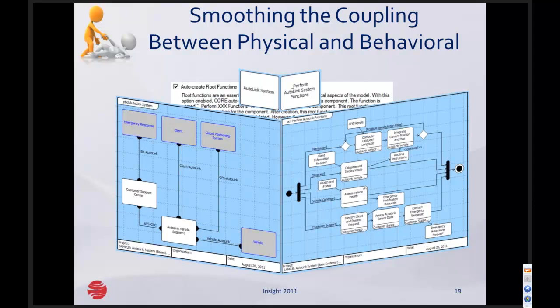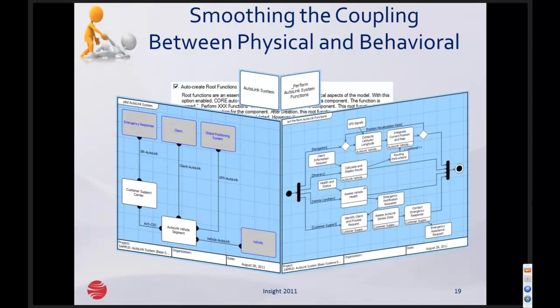Root functions are an essential connector between logical and physical aspects of the model, essentially serving as a container for the behavior performed by the component. This is what Cliff was alluding to just a moment ago. The Auto Create Root Functions option automates the process of creating a root function for every component you create, moving this sometimes cumbersome task behind the scenes.